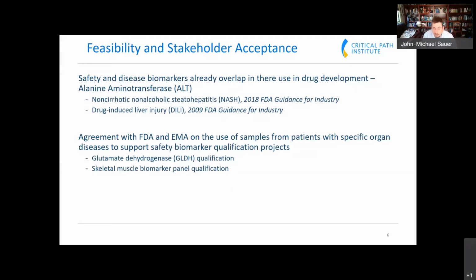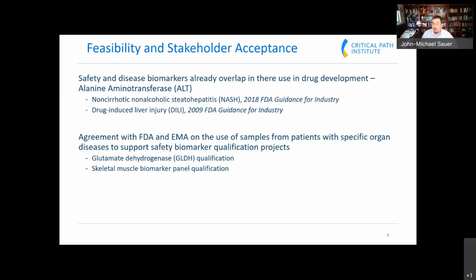And that thinking is already embedded with health authorities. Likewise, if we look at some of the qualifications that the PSTC is currently facilitating, that around glutamate dehydrogenase, as well as a panel of skeletal muscle injury biomarkers, both the FDA and the EMA have allowed us to use samples from patients with specific organ diseases to support the safety biomarker qualification.